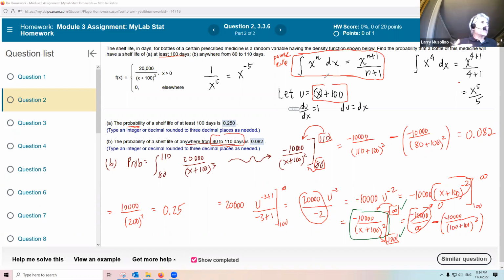Folks, if you're a little rusty on integration, you might want to go back to a calculus book or check out some videos on YouTube or go to Khan Academy. There are many videos there on doing basic integration like this.